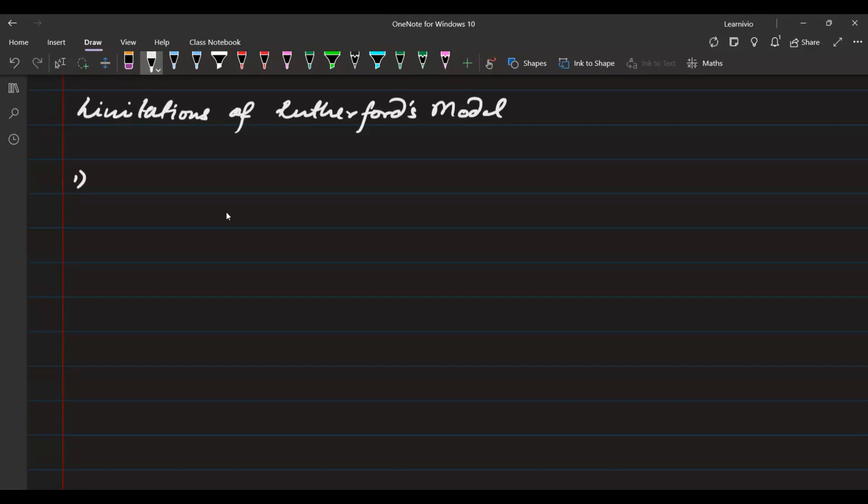From the Rutherford model, we got to know that in the center we are having a nucleus, and just because we have the solar system, there is no evidence why Rutherford suggested that electrons should move in an orbit around the nucleus. He did not have any evidence. He just said it because it is similar to the planet movement in the solar system.